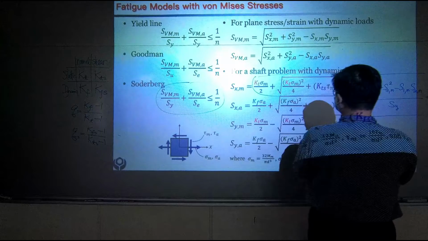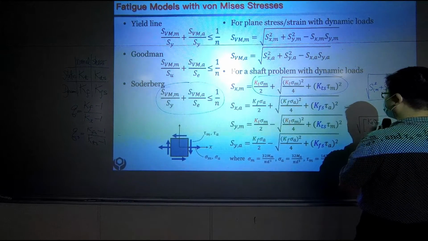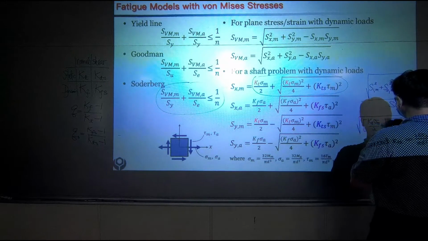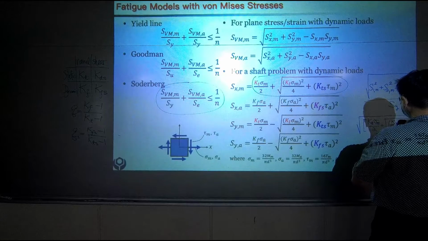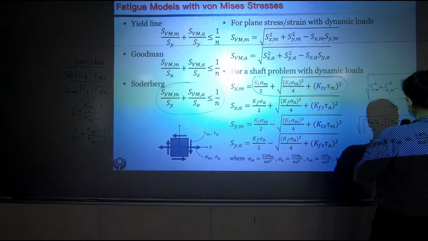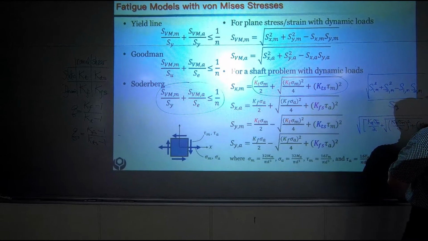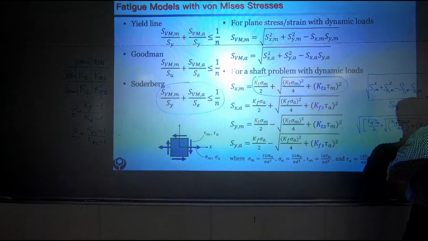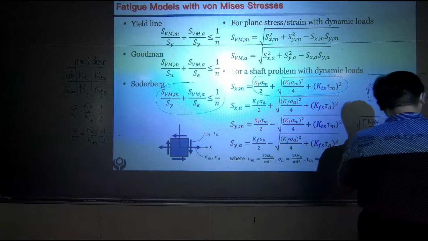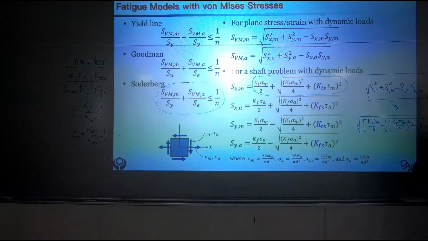Okay, so this is going to be KT sigma mean over 2 plus KT sigma mean over 2 squared plus KTS tau mean squared, and the square root of this whole thing. Too long.